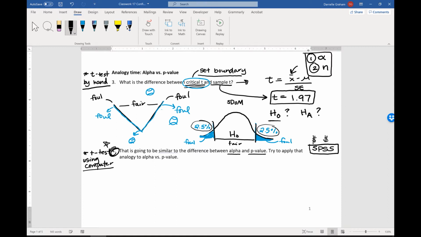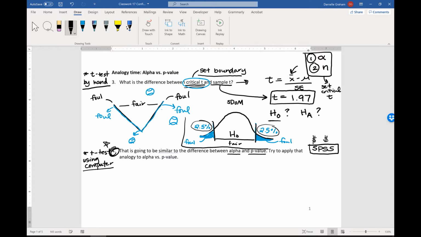So these are the things that help me set critical T. They set the boundaries. And we'll know what that sample size is going in. We know what alpha is going in. So before we hit the ball, before we calculate sample T, we can set those and say if it's in this boundary, that null hypothesis is fair. If it's out of the boundary, the null hypothesis is foul and I'm going to reject it. Okay, so this gets set ahead of time.